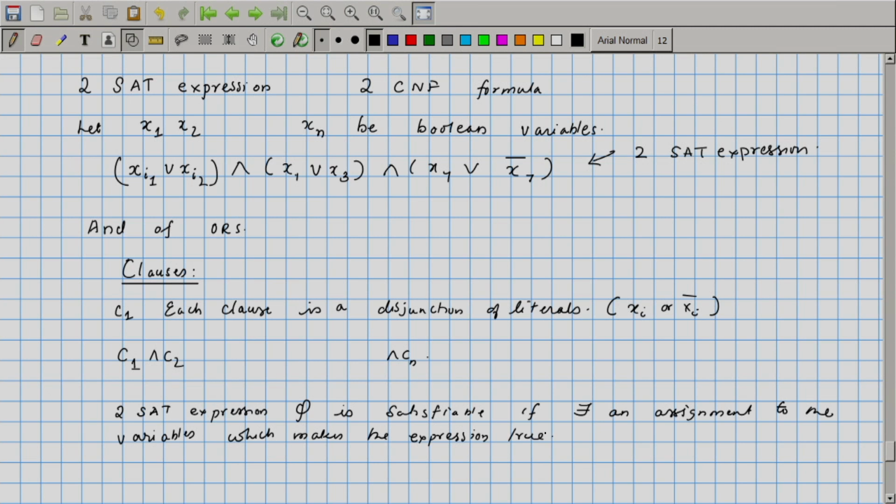So, if you evaluate this particular Boolean expression, after plugging in the values of the variables, if you get 1 or if you get true, then you will say that that particular expression is satisfiable. So, our problem is we are given a 2-SAT expression and we want to know whether the expression is satisfiable or not.